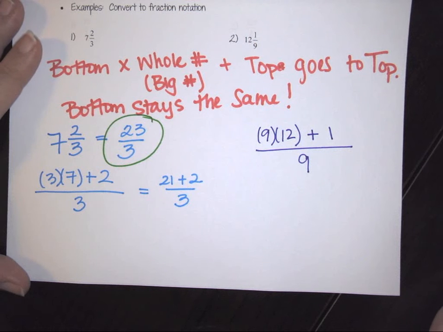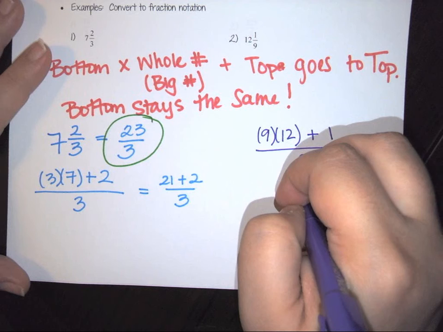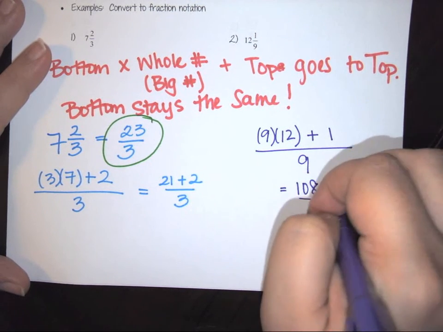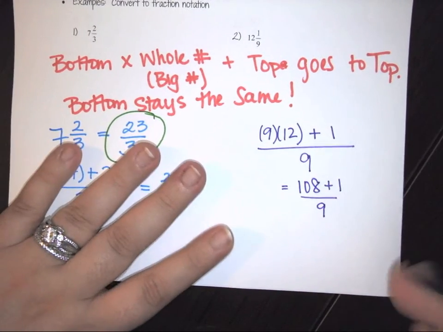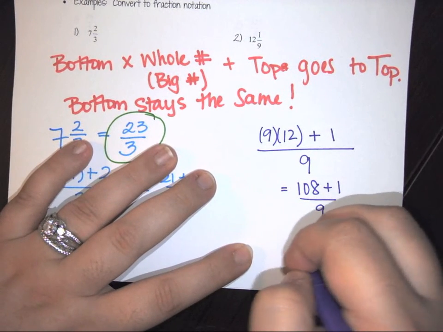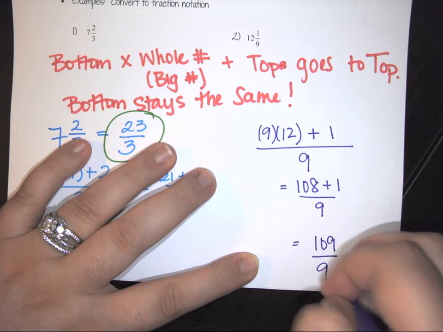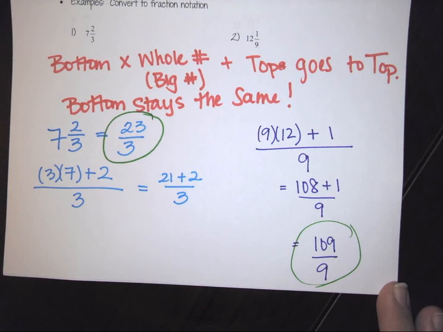So when we do that, we have 9 times 12, so this is going to be 108 plus 1 over 9. So when we reduce that all the way, we end up with 109 over 9. And this would be what we would have been looking for.